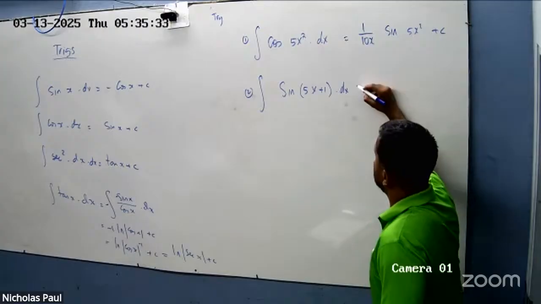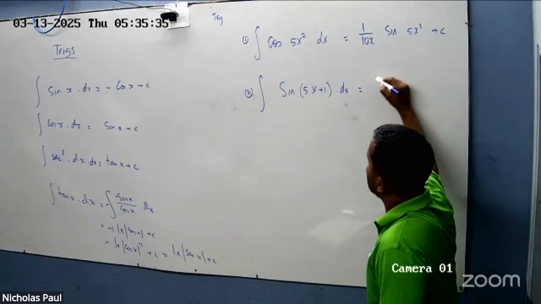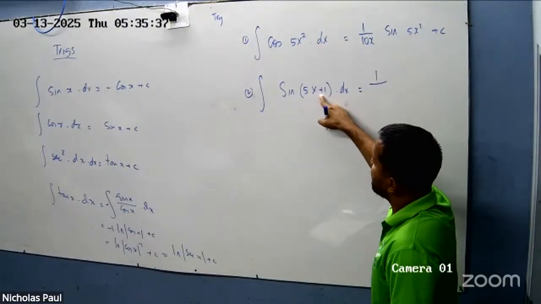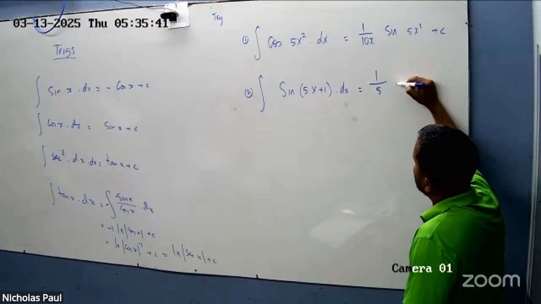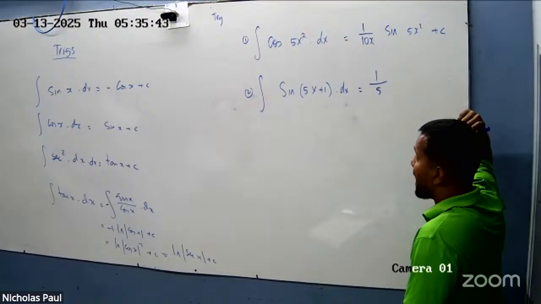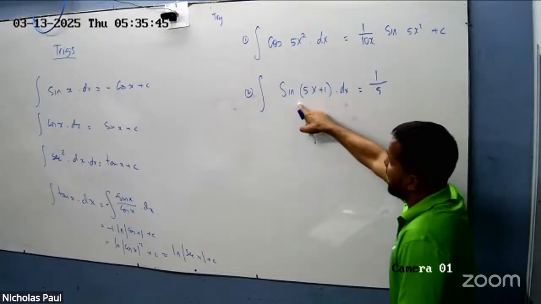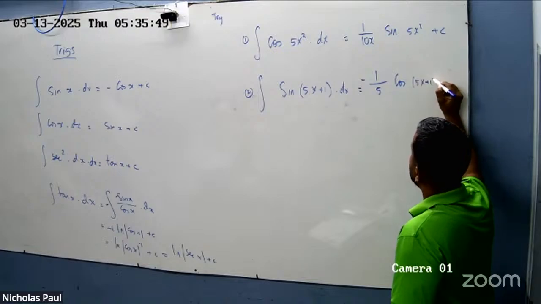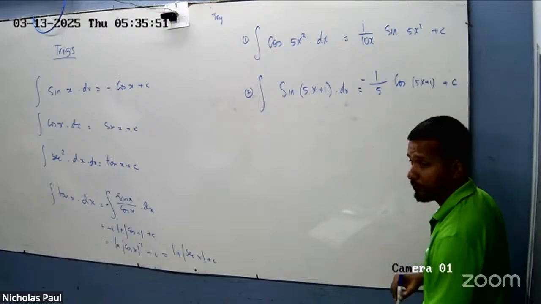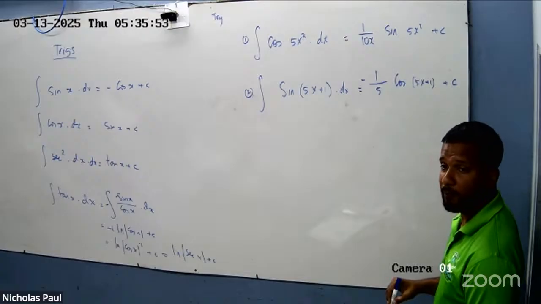Right, now what did we get here? 1 over the differential of 5x plus 1, that's 5, by the integral of sine, which is minus cos 5x plus 1, plus c.